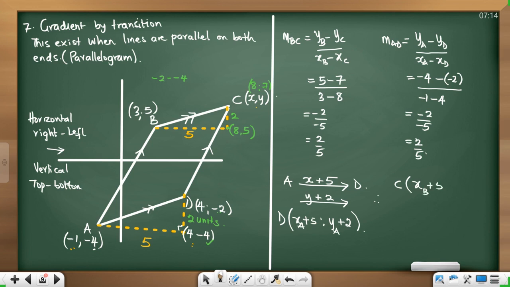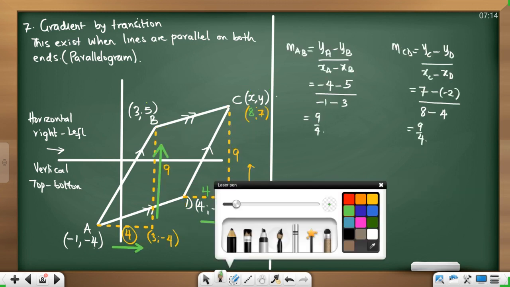XB, we keep the same, plus 5. And YB plus what? 2. Because now I'm moving from B to C. I hope that makes sense. From A to D, I had to do that. X plus 5 units will give me D. Y plus 2 units will give me D. So for B, X plus 5 units will give me C. And Y plus 2 units would give me the Y value of C.